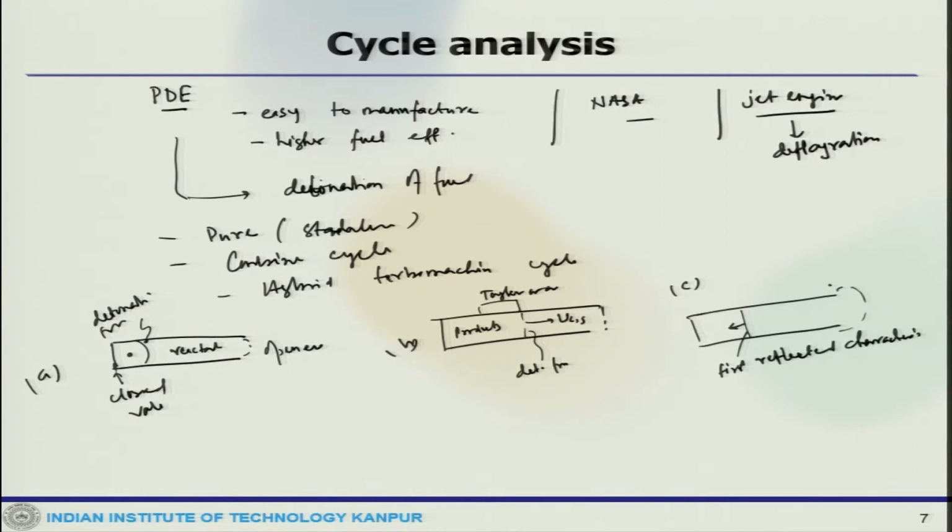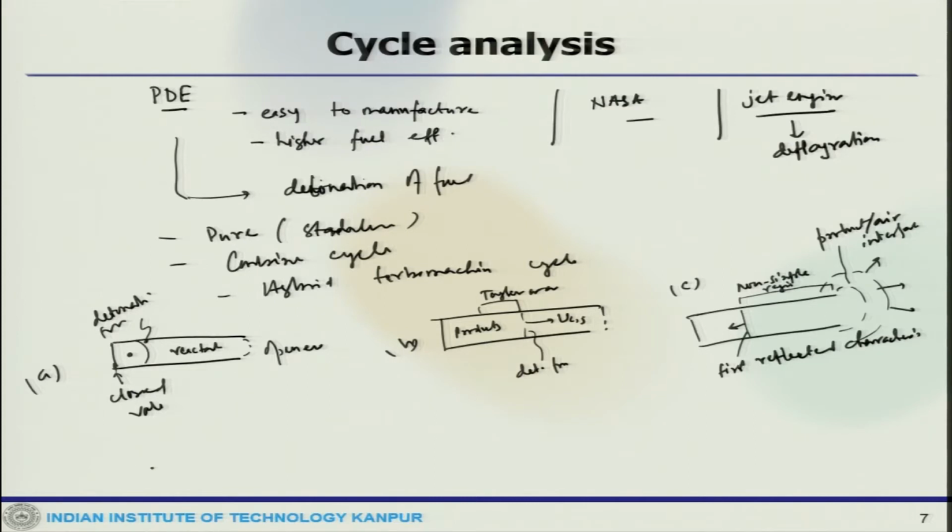Then you can have a non-simple region, and this could be the product and air interface.